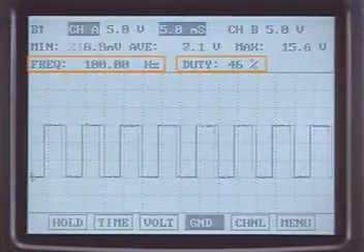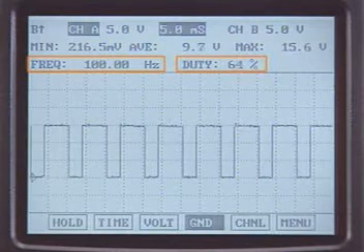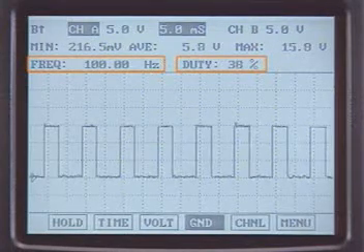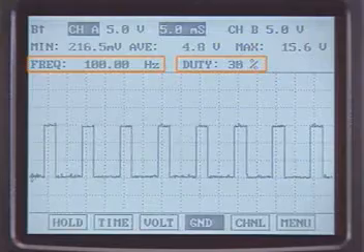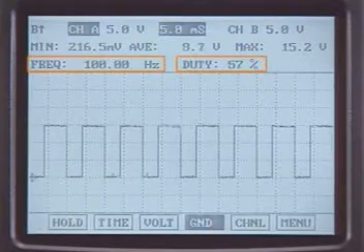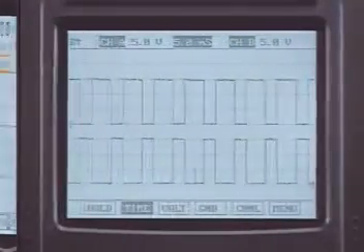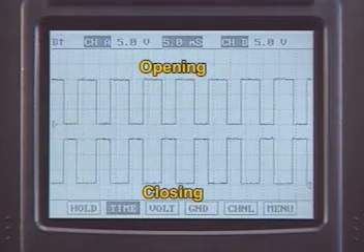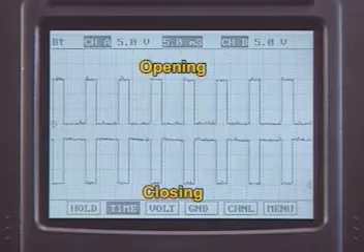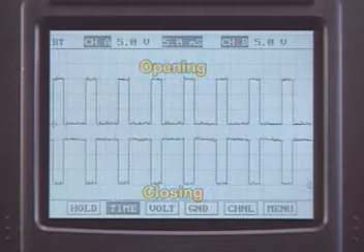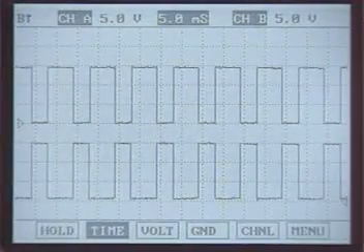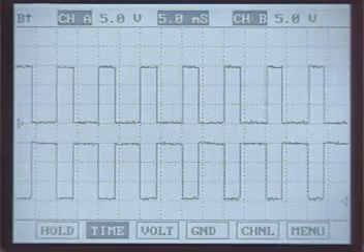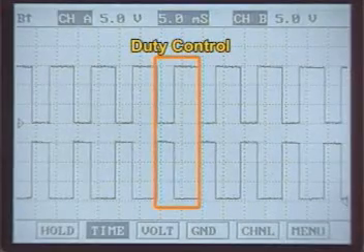The ECM carries out these on and off motions 100 times per second, which corresponds to 100 hertz. The ECM also controls the on and off time, which varies depending on the engine condition. This type of control is called duty control, in which the on and off ratio is controlled.